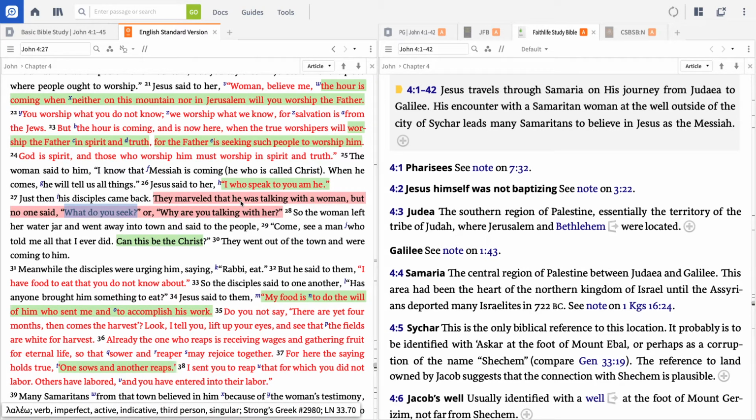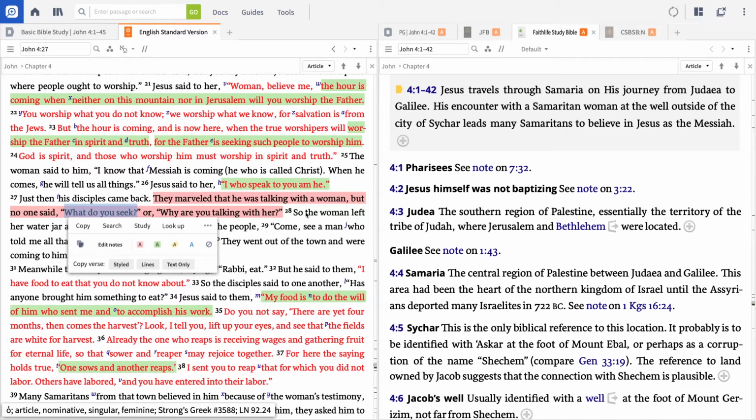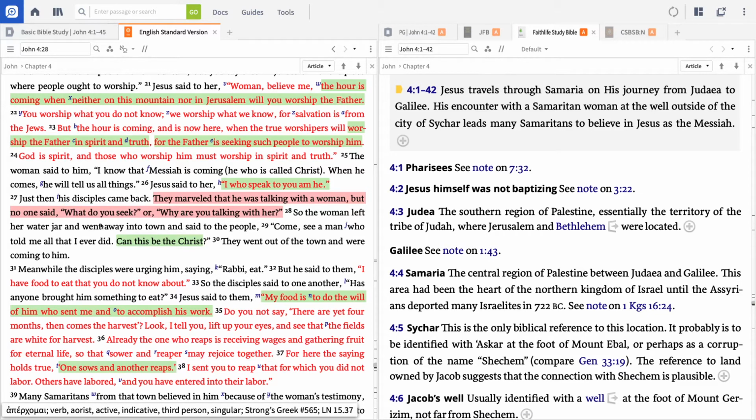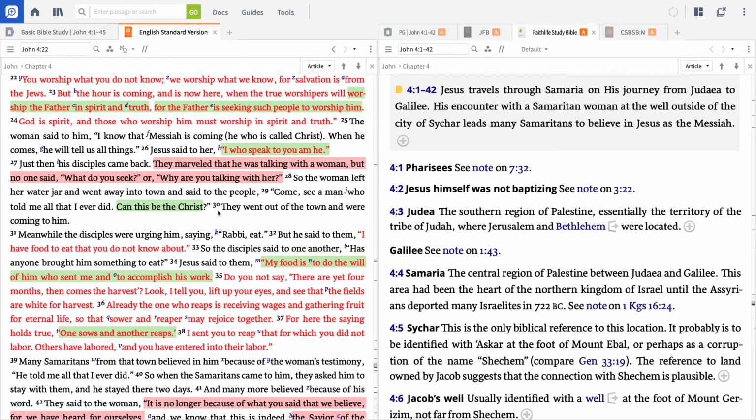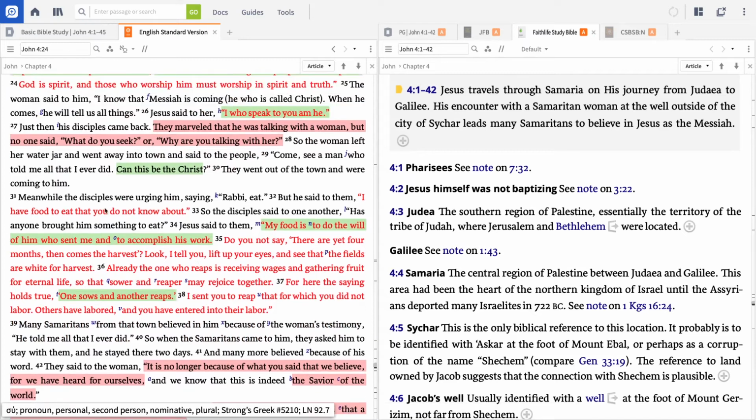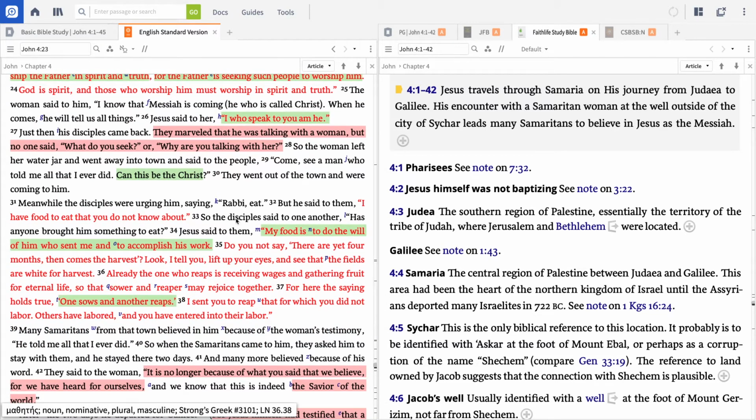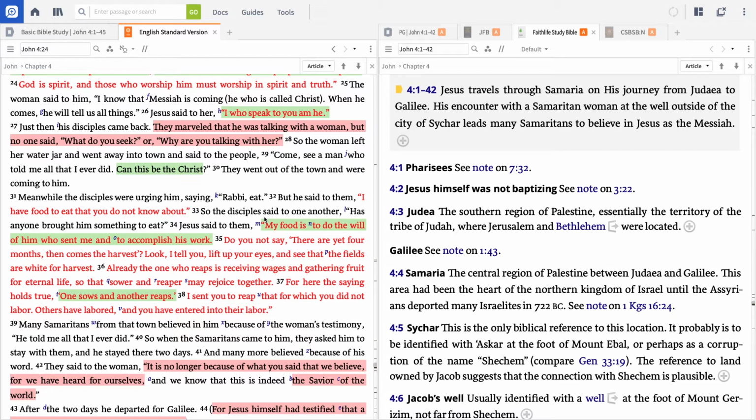Why are you doing this? His disciples take it well enough, as this verse describes it. And it's interesting. And then you have this kind of side story here about the disciples urging him to eat.